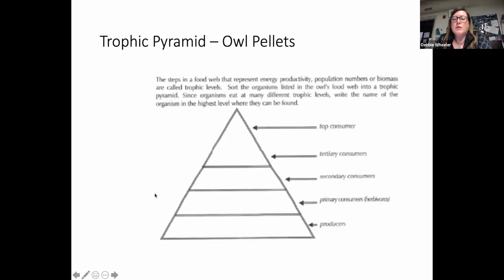Can you tell me who an example of a tertiary consumer would be? Love to see this appear in our chat room. Yeah, thanks, Stephanie. So that's going to be owls. What about our secondary consumers?